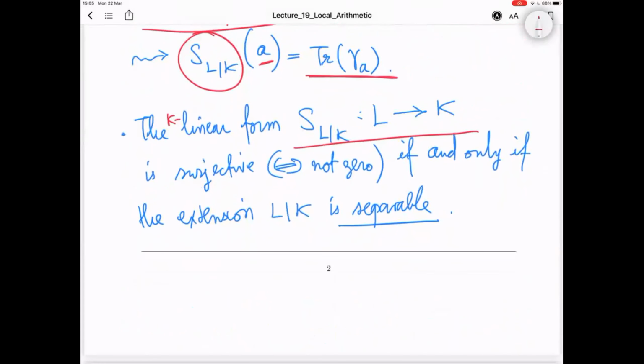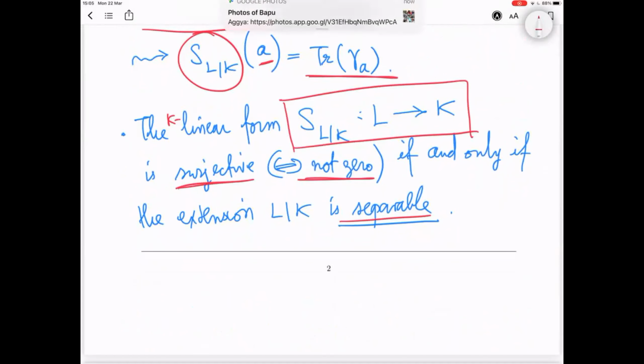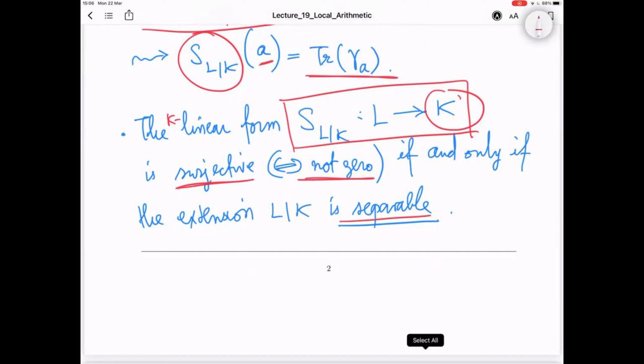I'm not going to prove it, but if you are at all familiar with the notions of separability, then one shows that this trace map is surjective, which is the same as saying that it's non-zero, because the target is one-dimensional. For a linear map to be surjective, it's the same as being non-zero.